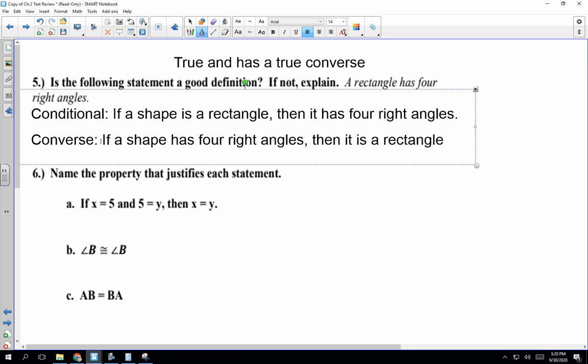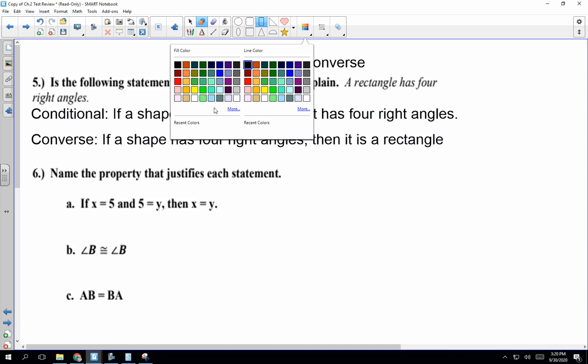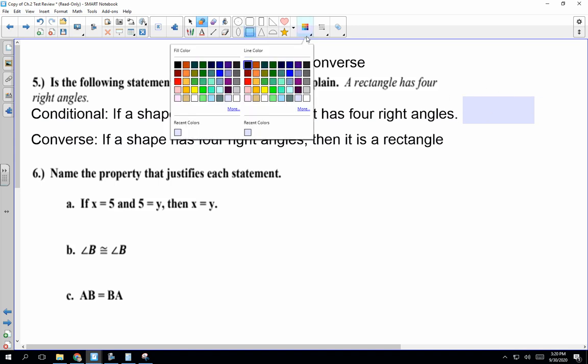If we just look at our different shapes up here in my toolbar, I can create a rectangle. I like this lavender color. It's my fave. We look, yeah, it has 4 right angles, but check out what happens with this shape here. We'll make it teal.